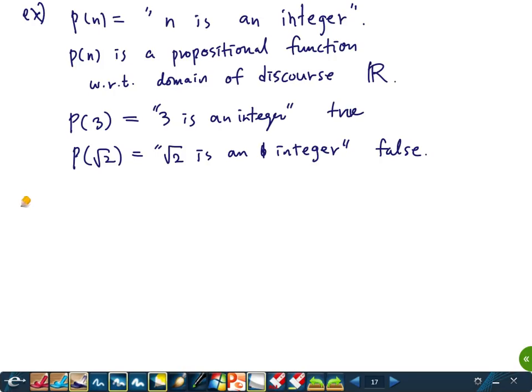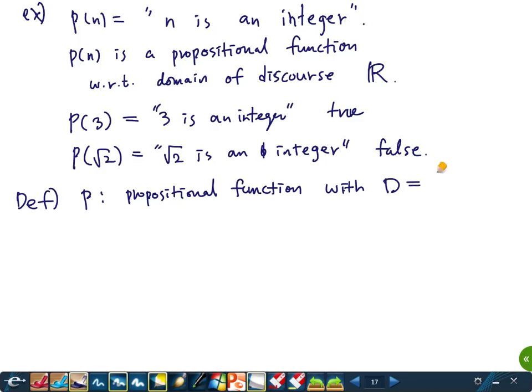When we have a propositional function with a given domain of discourse, it is very common to say something like this. P is a propositional function with domain of discourse D. Whenever I say capital D, it will represent the domain of discourse.